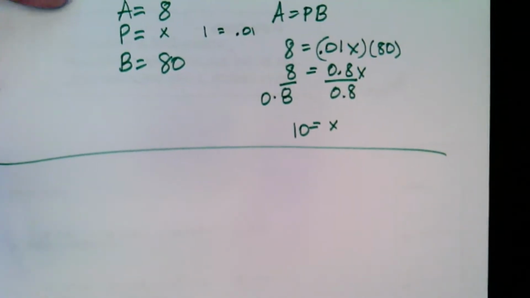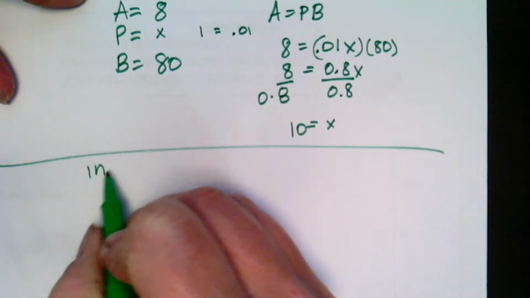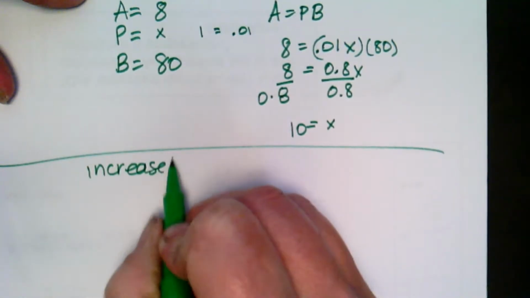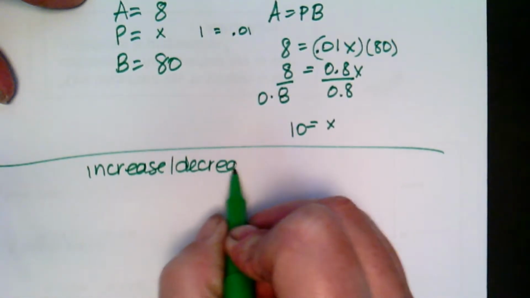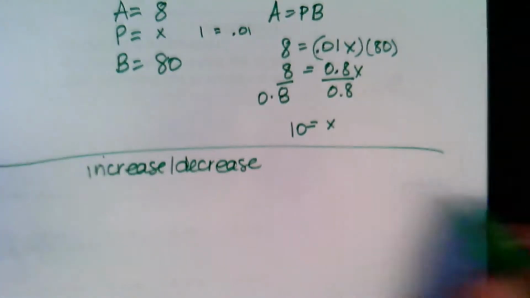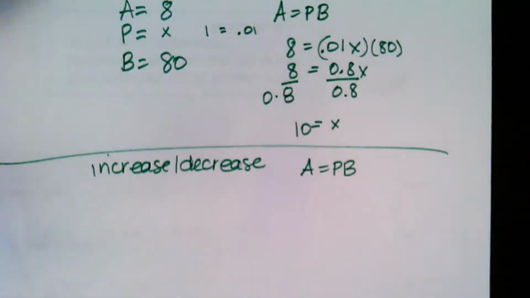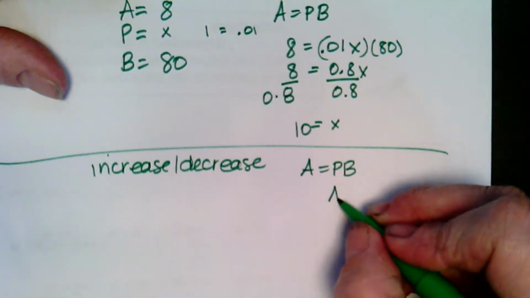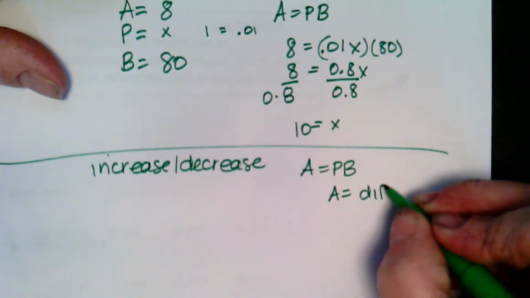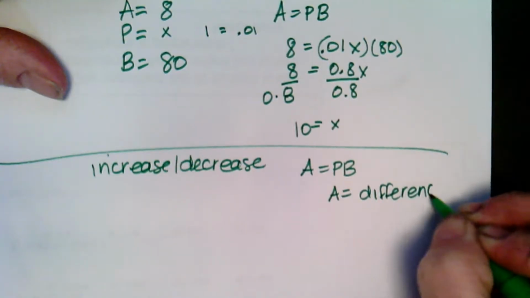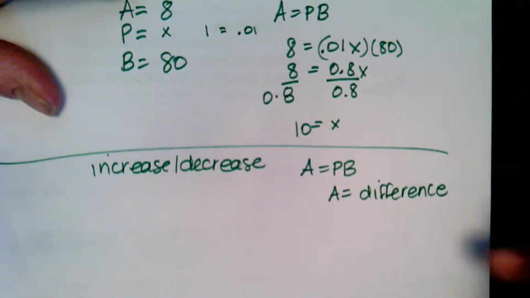Alright, so the next thing is the increase and decrease problems. And if we use A equals PB, a few things to remember. Our A is our difference between our beginning and end.